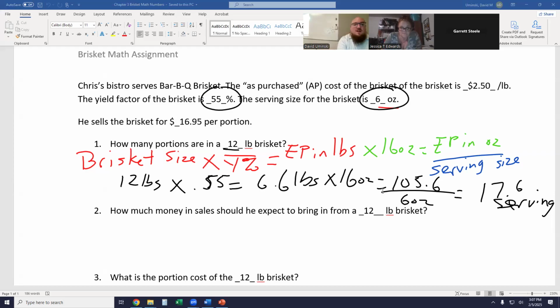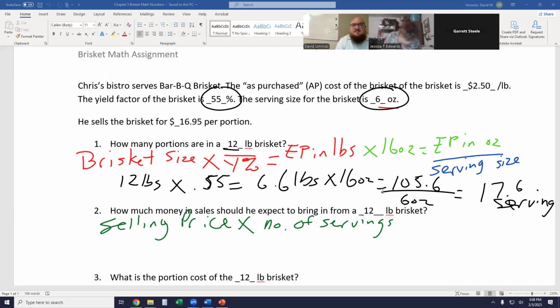Okay, so how much money in sales should we get from a 12-pound brisket? Well, we take our selling price and we multiply by our number of servings, from the answer in number 1.